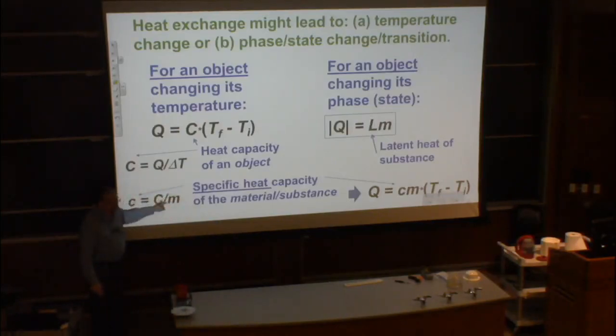So we make one next step. We calculate this ratio. This has a name, heat capacity. This has a name, specific heat capacity, but people call it specific heat. Specific heat is related to the substance: specific heat of ice, specific heat of water, specific heat of copper. Heat capacity is related to an object, heat capacity of 2 kilograms of ice.